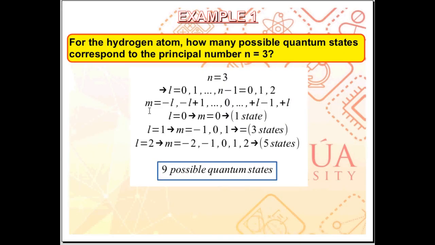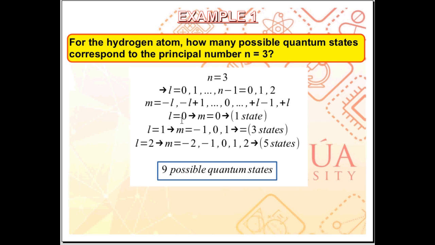Quantum number m is equal to negative l, negative l plus 1, up to positive l minus 1 and then positive l. Since l is 0, 1, 2, for each value of l you have a set of values for m.